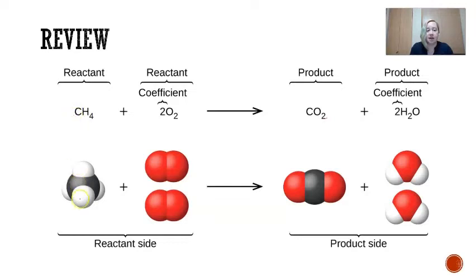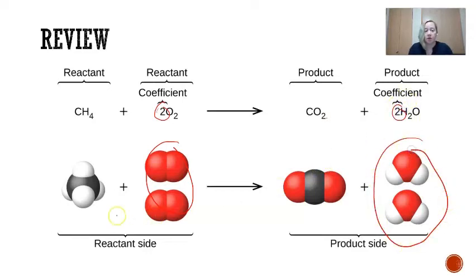We see that there is 1 molecule of CH4. We have 2 molecules of O2, so we've got a 2 here, and that's why we have 2 here. We've got 1 molecule of CO2 and 2 molecules of H2O.